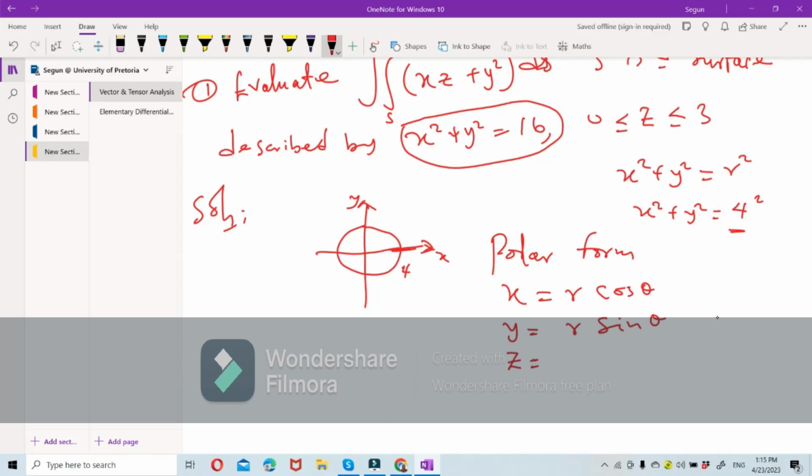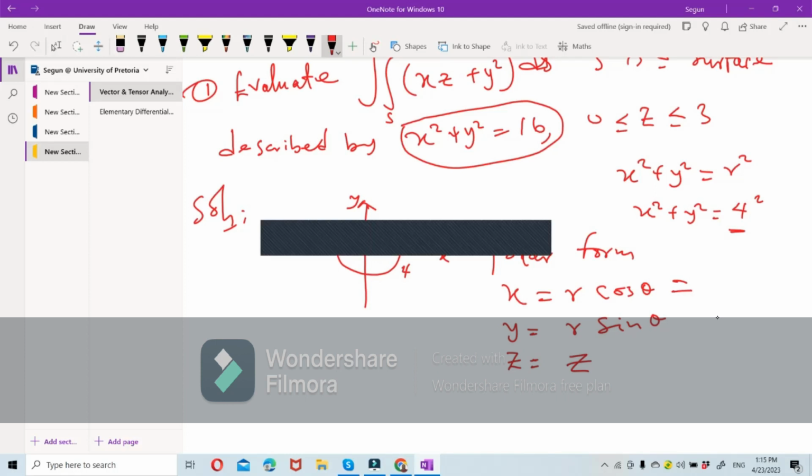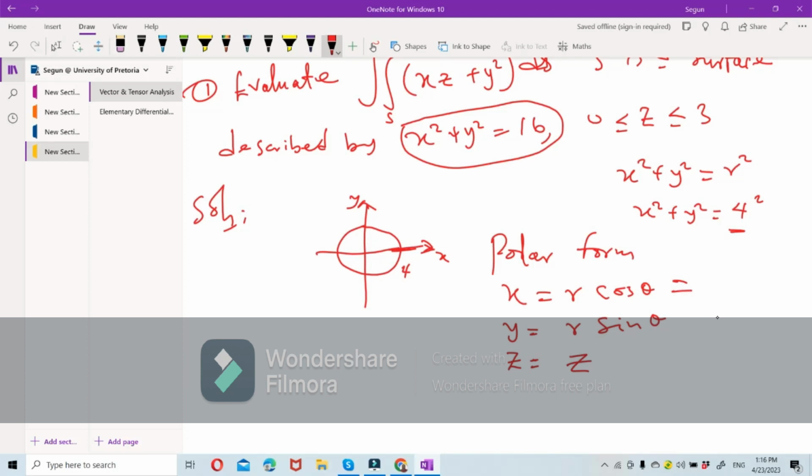The function is x, y, z, but we are working on the xy plane. But the z is there, so z will represent z alone. So x will be 4 cos theta, y will be 4 sin theta, and this will still be z. So take note of that function.